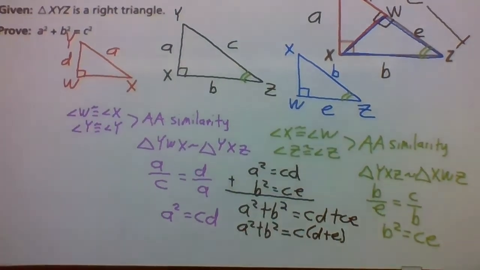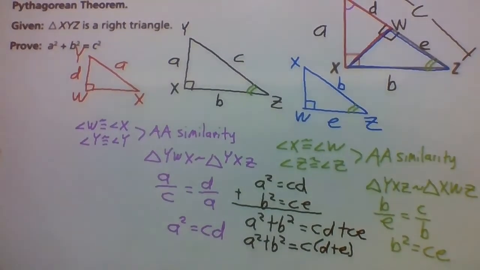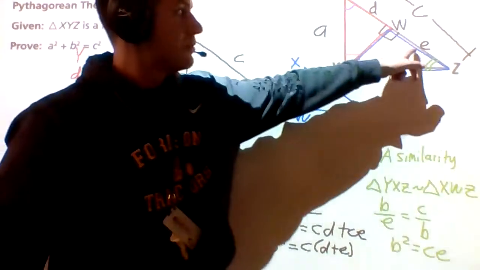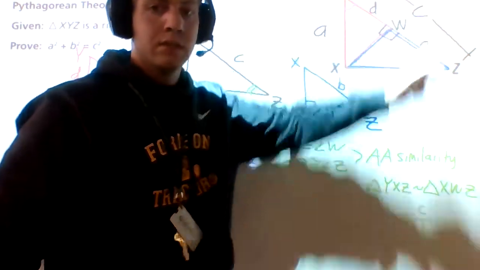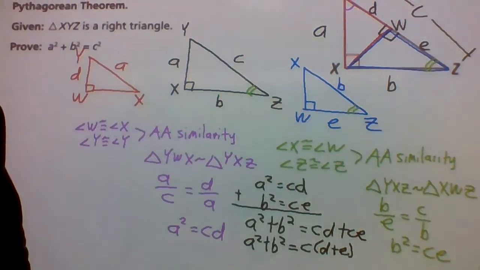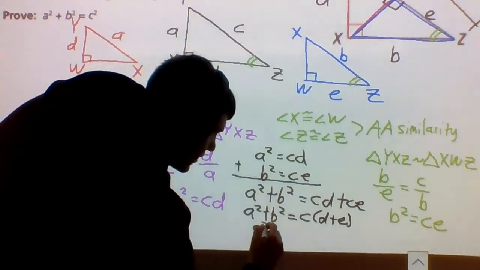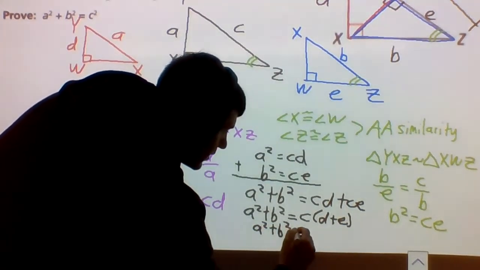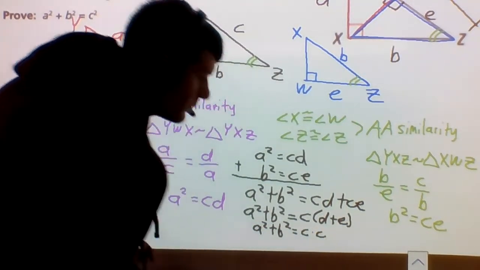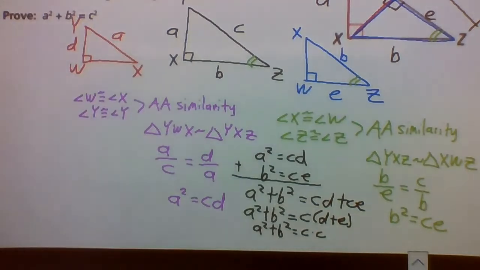Sorry about the slowness here. Since we know d plus e is going to equal c, we're going to have a squared plus b squared equals c times c, and c times c is c squared.